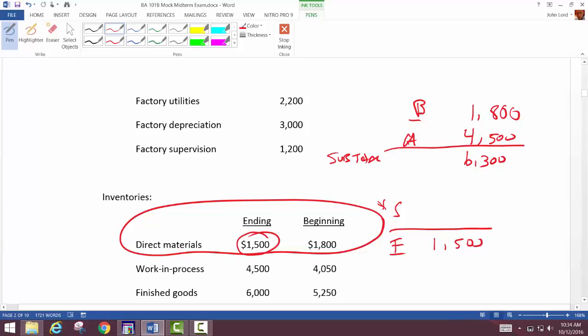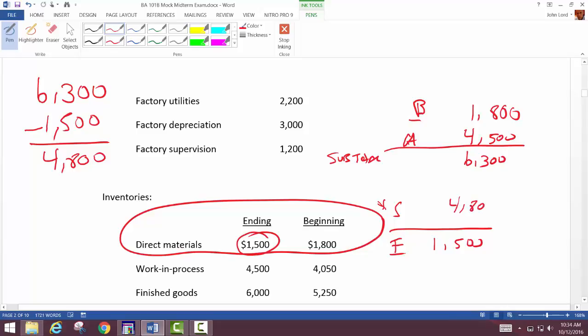If I do my little side calculation, I have my 6,300 available subtotal minus the 1,500 ending balance. 6,300 minus 1,500 gives me 4,800. 4,800 is the subtract from the total available that got me to the provided ending inventory of 1,500. The problem provided that, right? So that must be my direct materials used for the period.